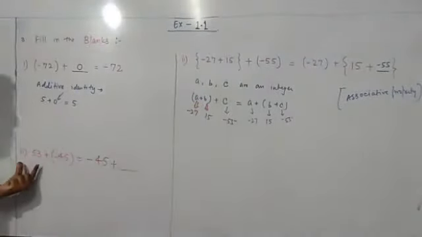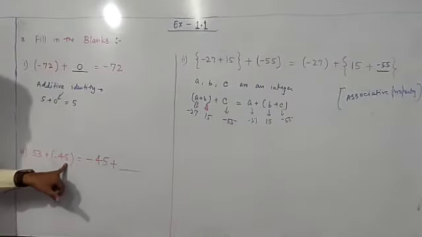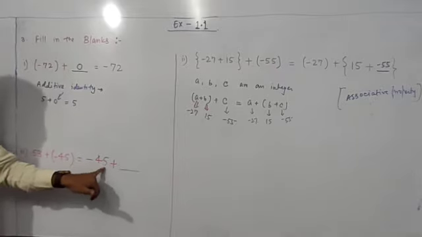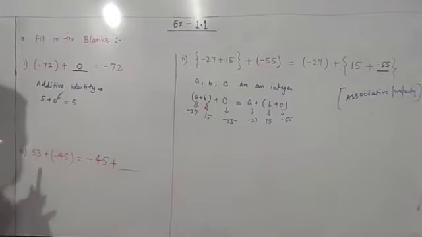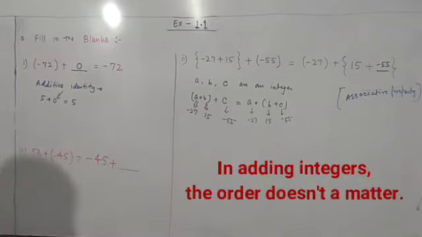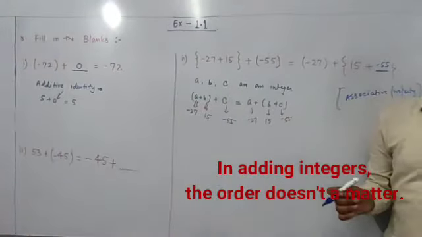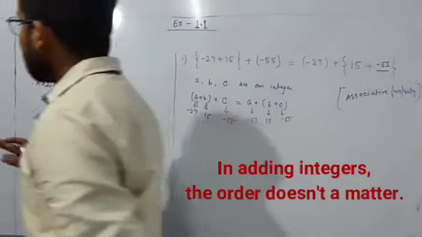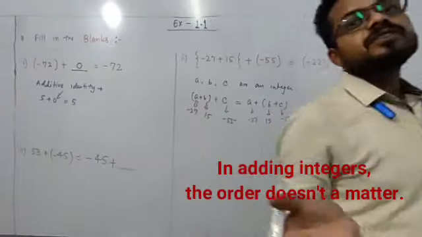Now come to the third question, which is 53 plus minus of 45 is equal to minus of 45 plus what? If we compare this with the commutative property. What is the commutative property? If we change the order of numbers, like 5 plus 4 is 9, then 4 plus 5 is also 9.